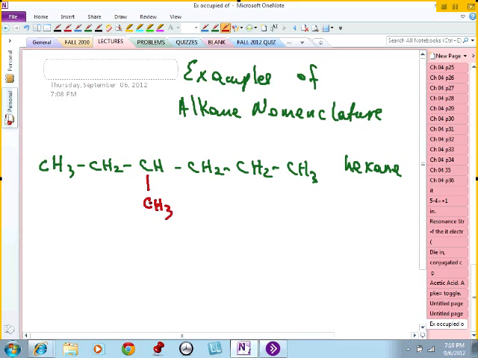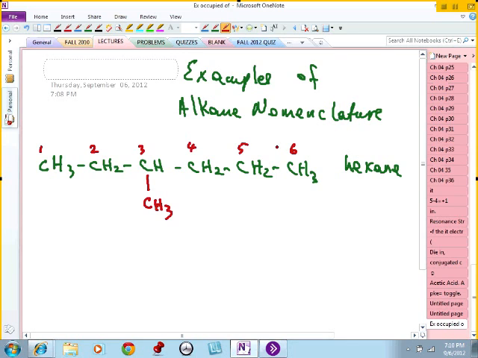To name this, you look for the longest carbon chain in the molecule. What I'm giving you now are the rules of nomenclature. The longest carbon chain is 6. Then you number that longest carbon chain, because that becomes your base name. So you number this 1, 2, 3, 4, 5, and 6.